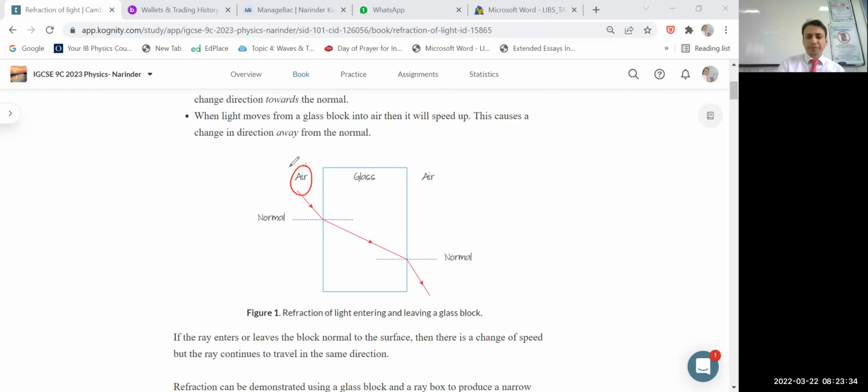And suppose light is coming from air. There is some source. Let me write here, we have a laser light. Laser light is here at this point. From this point a beam or a ray of light strikes at this point on the glass surface.